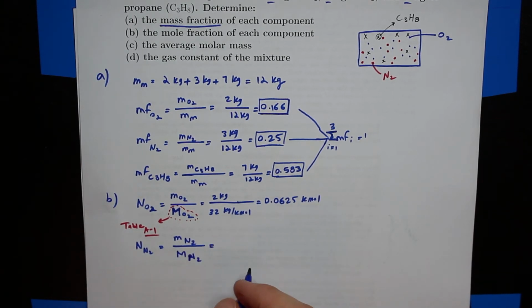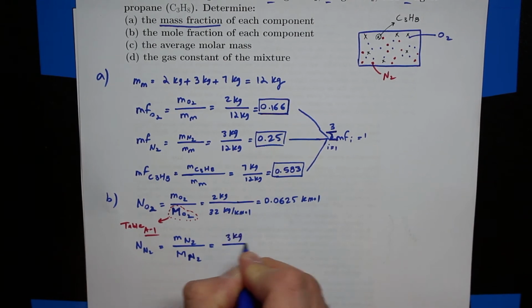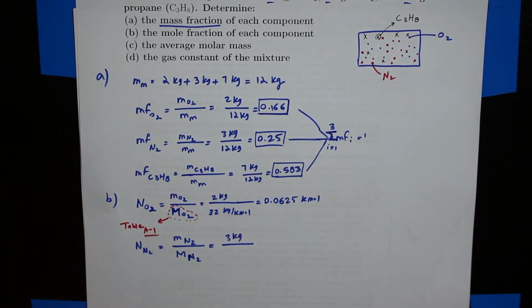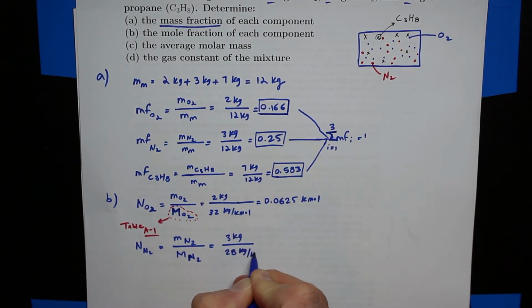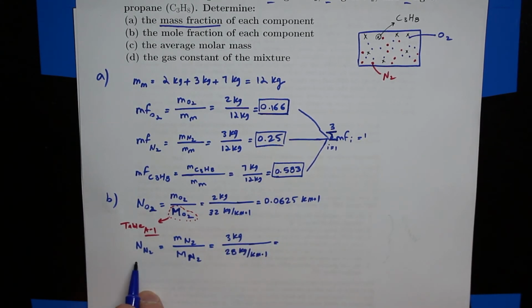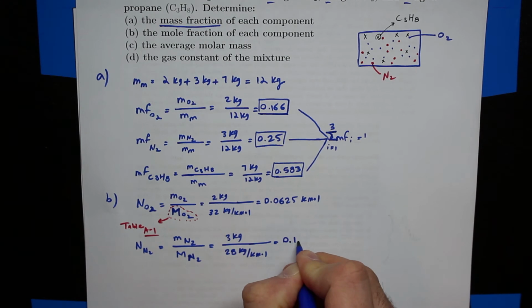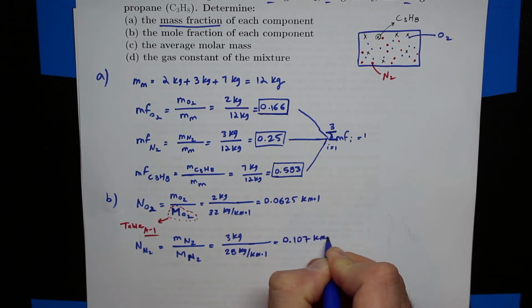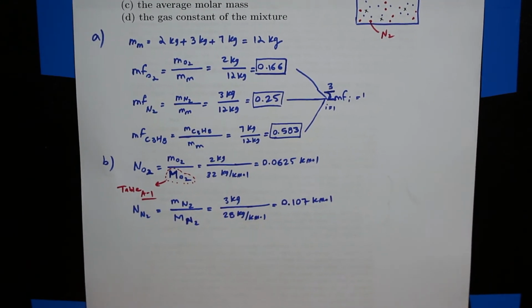So mass of nitrogen in this problem is 3 kilogram. I go to table A1 and read the molar mass of nitrogen, and that is 28 kilogram per kilomole. Okay, so that gives me the number of moles of 0.107 kilomole for nitrogen gas.